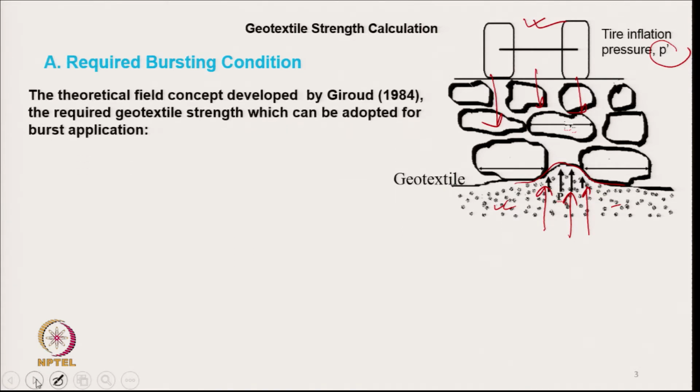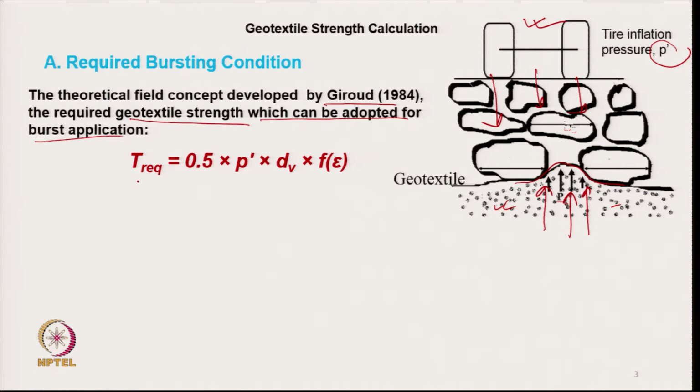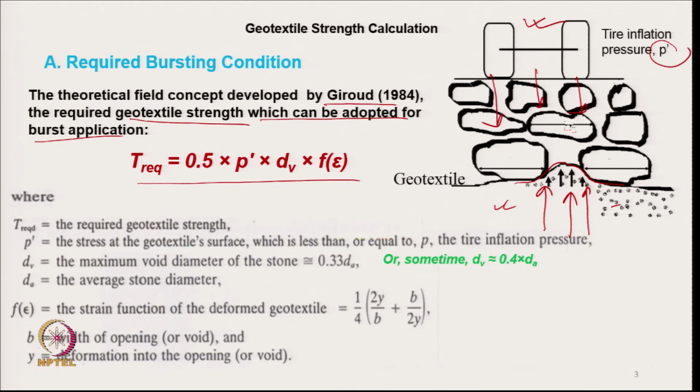Based on the theoretical yield concept developed by Giroud, the required geotextile strength which can be adapted for burst applications is given by this equation. Here T required is the required geotextile strength, okay.